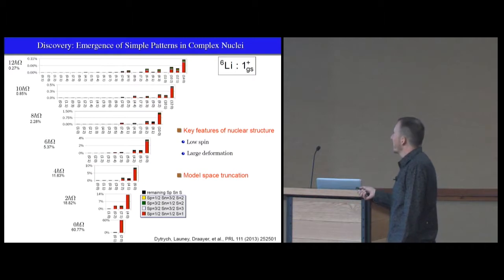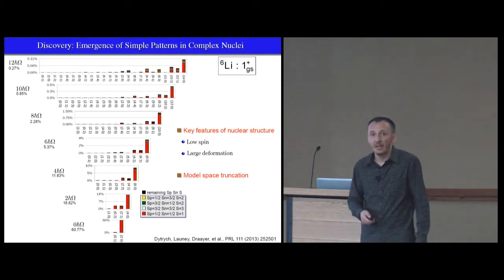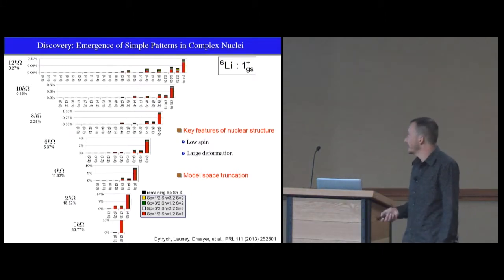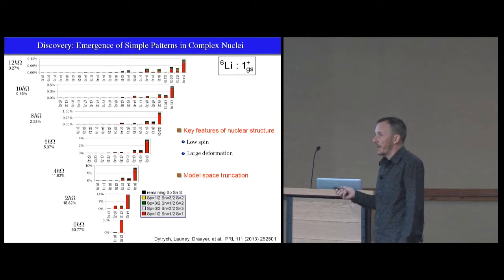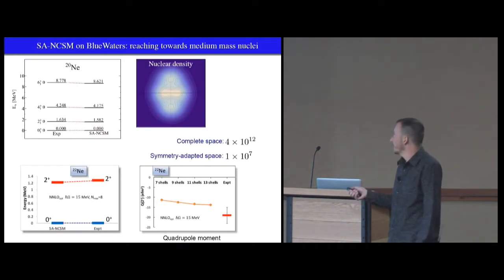And actually, when you see this, all these other configurations contribute almost nothing to the low-energy dynamics of nuclei, and therefore our partial symmetries allow us to implement a very nice model space truncation, and that allows us to move to heavier nuclei, such as neon-20.